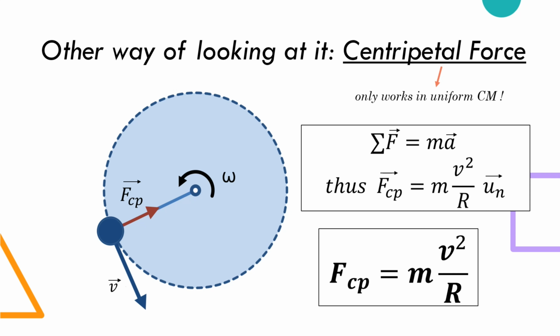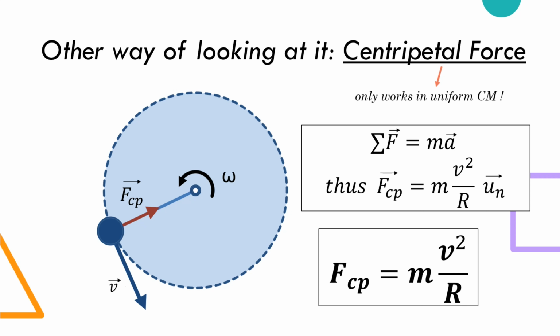Since we are in uniform circular motion, or just in circular motion, we can say that, according to Newton's first law, because we are not in uniform linear motion, because we're not going in a straight line with constant velocity, we know that there must be an external force that is acting on our object to keep it on a circular path.